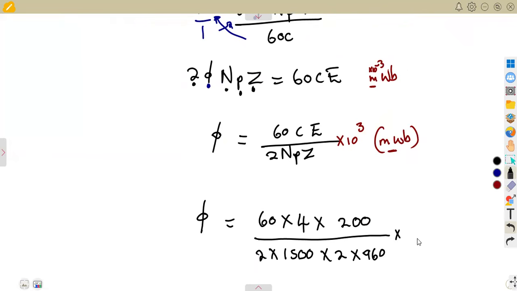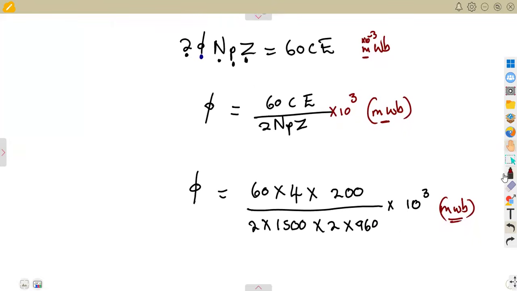So like I said, multiplying this by 10 to the exponent of 3 converts our answer directly to milliwebers. Whatever you're going to have in your answer will automatically be in milliwebers. So the moment you multiply this, you're going to have something like 8,333 milliwebers.